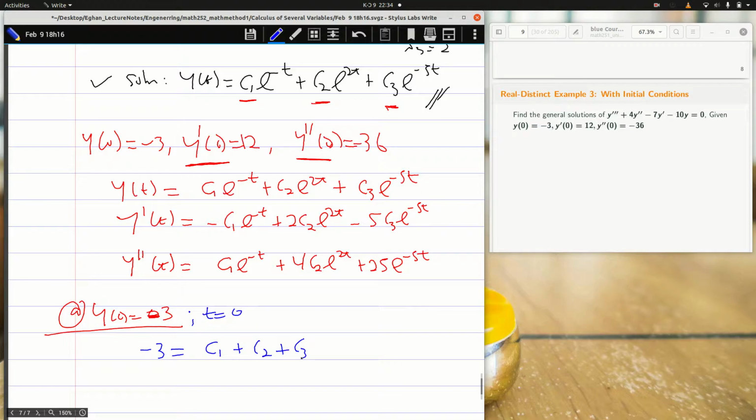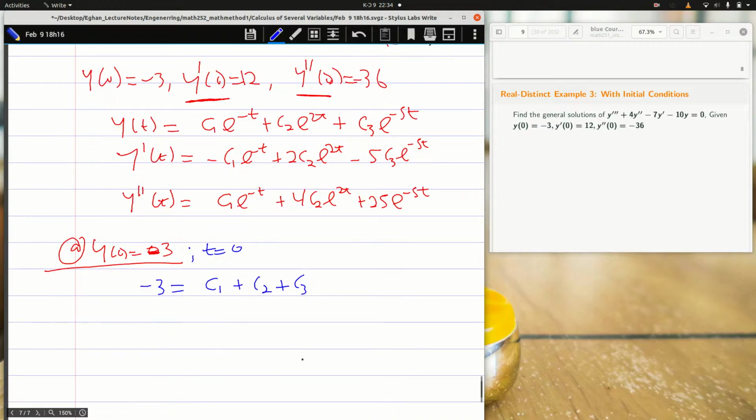Then at y prime of 0 is equal to 12, I'll have 12 is equal to, you know that the exponential of 0 is 1. So wherever I see t, I substitute 0. So I'm going to get -C1 plus 2C2 minus 5C3.